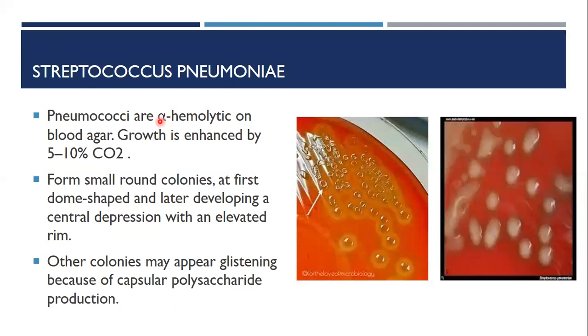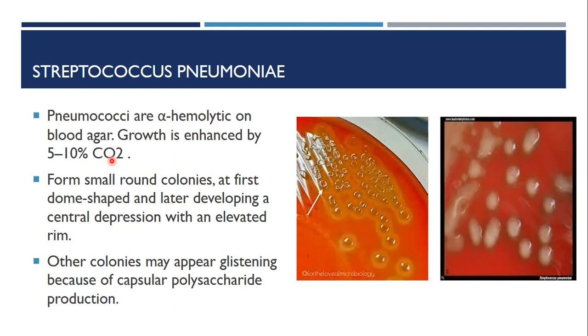Biliverdin, thus the greenish discoloration surrounding the colonies. The growth is enhanced by 5 to 10% carbon dioxide. In other words, they are capnophilic, C-A-P-N-O. Capno means carbon dioxide loving.